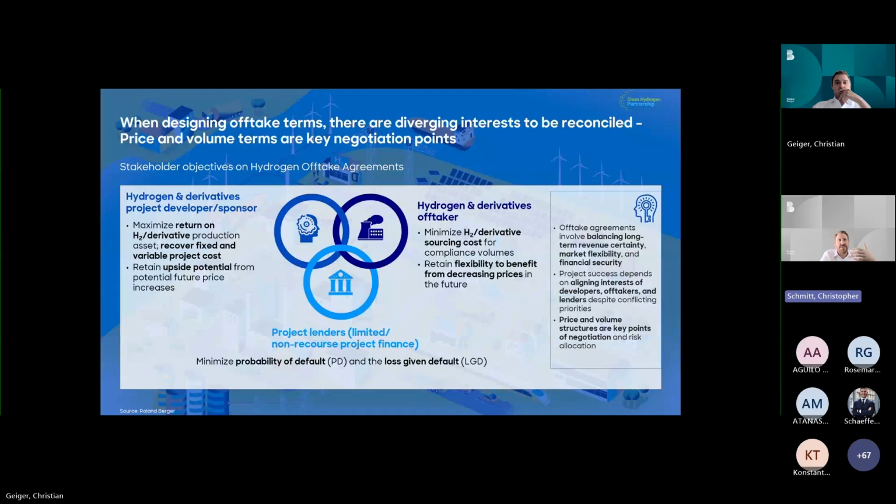And of course, the promise and the talk in the hydrogen industry very much is around decreasing production costs over the next years because of economies of scale, because of learning rates, etc. So of course, as an off-taker, you don't want to commit to a relatively high price today for the next 10, 15, 20 years when your expectation is that in the marketplace out there, prices might actually decrease. So you want to be able to benefit from that as well.